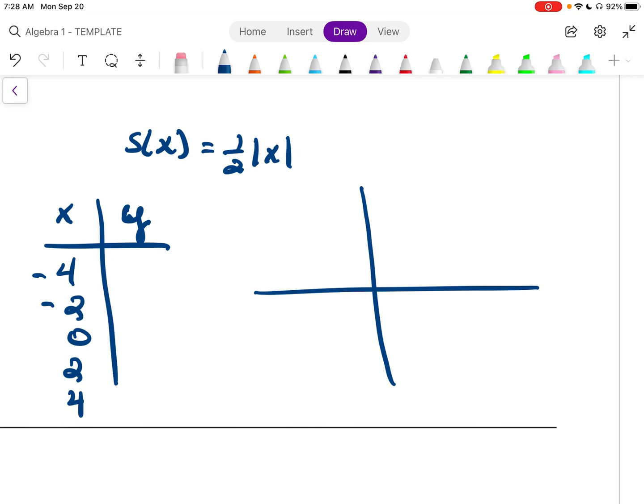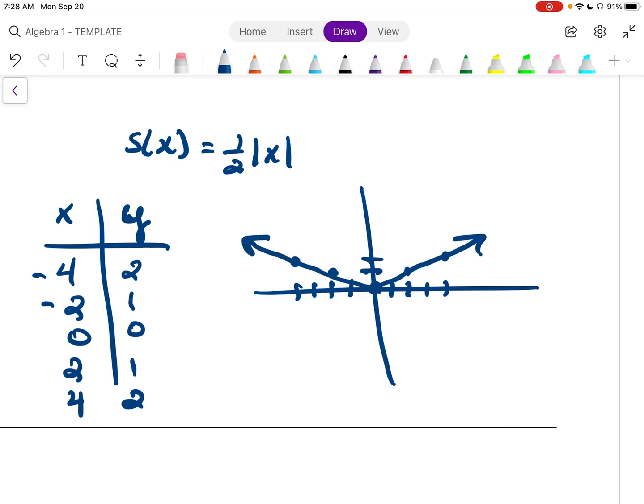Whenever I plug in -4, I get 2. -2 gives me 1, 0, 1, and 2. Whenever I graph these, (-4, 2), (-2, 1), (0, 0), (2, 1), and (4, 2). And there we are.